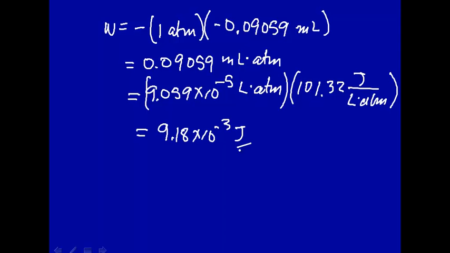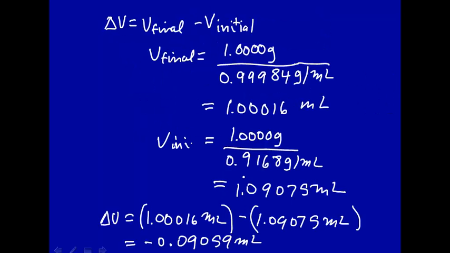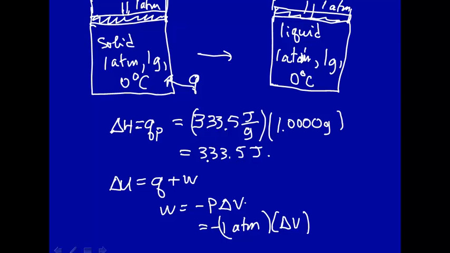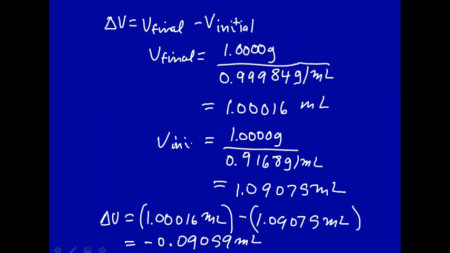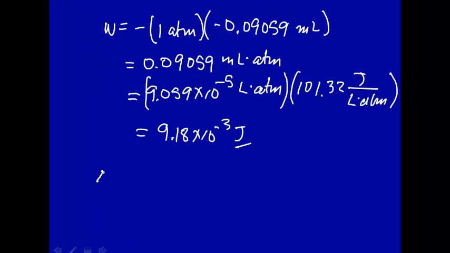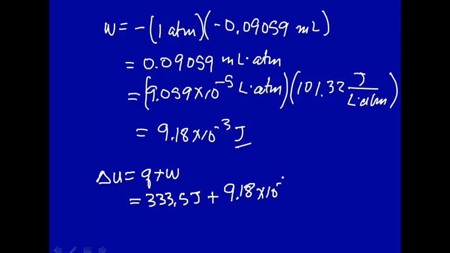Well, that's not a lot of work compared to the enthalpy change, 333 joule. So that's like 10 to the minus 3 joule added on to this. So we're going to go ahead and do the calculation, but delta U is equal to Q plus W. Q was 333.5 joule, and W, kind of small, 9.18 times 10 to the minus 3, so to significant figures, 333.5 joule.